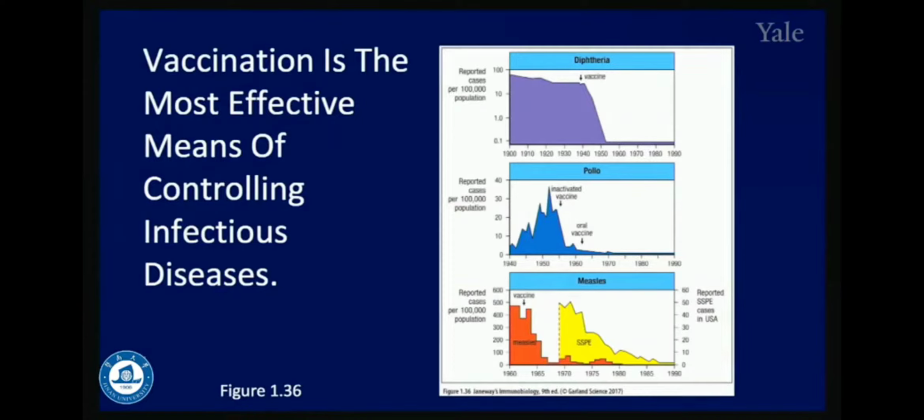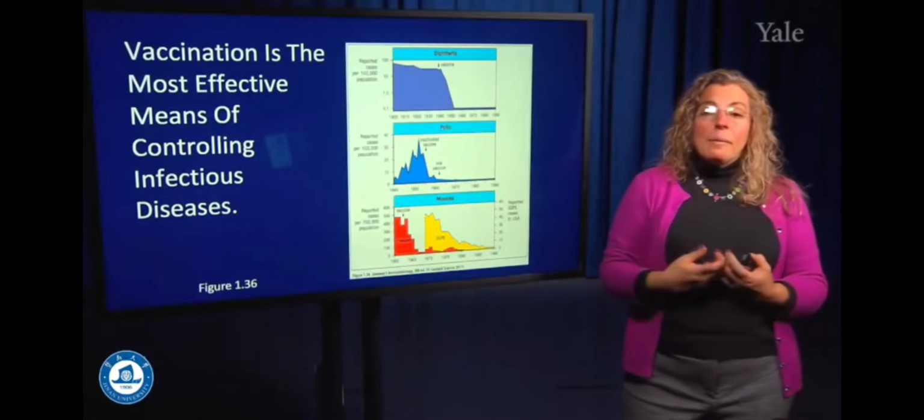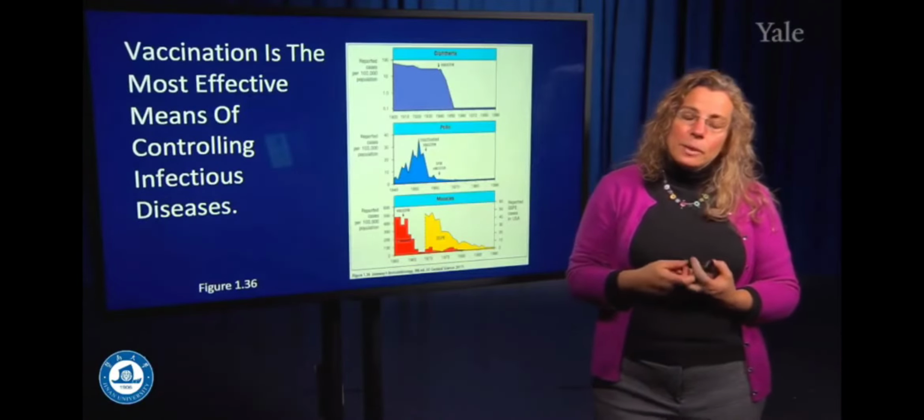But it shows you the dramatic effect of if we can get the adaptive immune system to make a memory response, but do it without you actually getting infected, then if you ever encounter that pathogen, that memory response protects you so you never get sick. So we've successfully done that with diphtheria, we've done it with polio, we've done it with measles, we've done it with smallpox, but there are still many other diseases out there that we would like to have vaccines for.